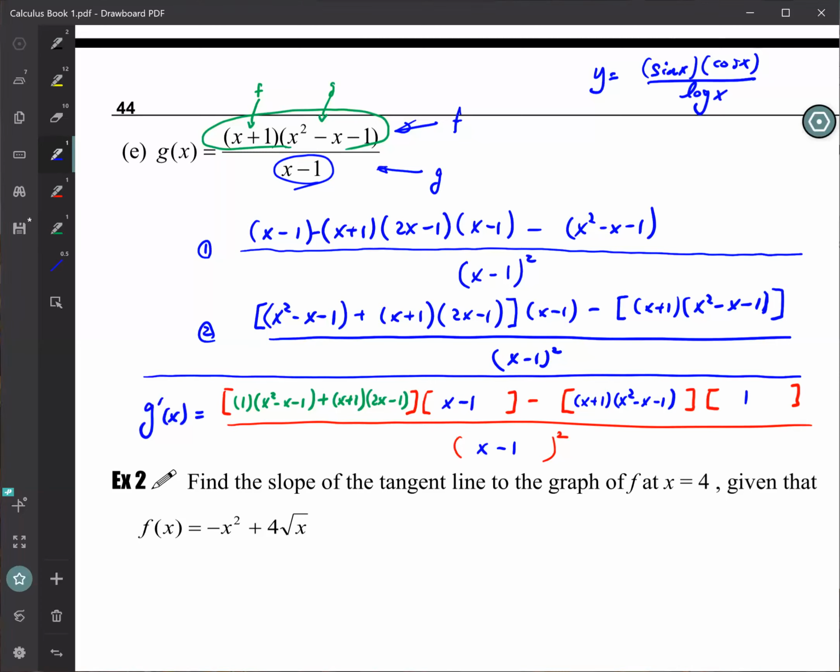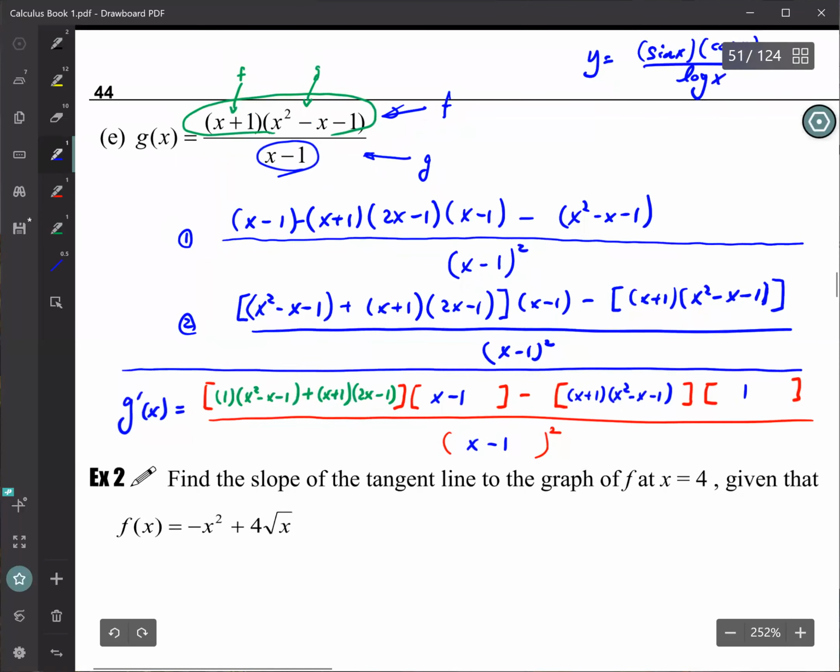Question. I don't really get the top part. I get the bottom x minus 1 squared, but the top part, I'm kind of confused because it's like f prime g minus f g prime, right?